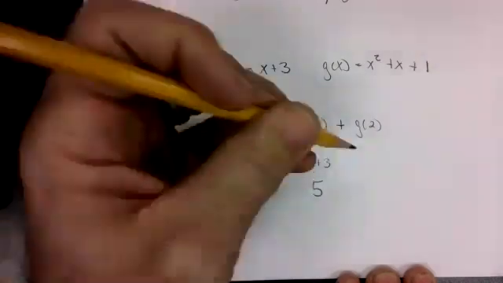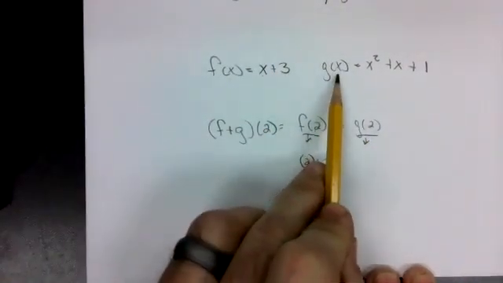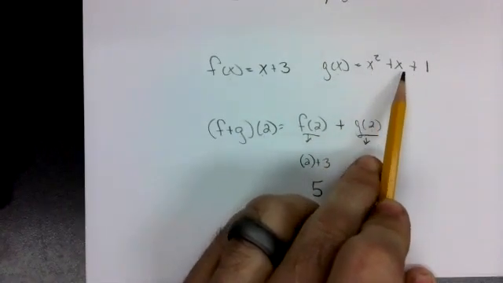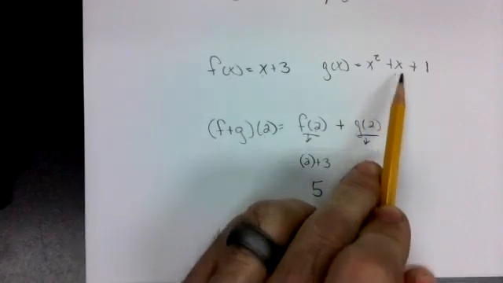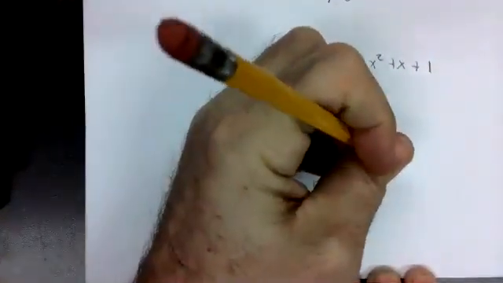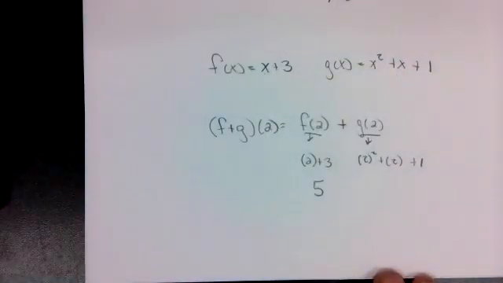Okay. Similarly, the g of 2 implies plugging that 2 into the x of the g function. So since there's two x's, we're going to plug that 2 into both of those. So we're going to plug in 2 to the second power, plus 2, and plus 1.